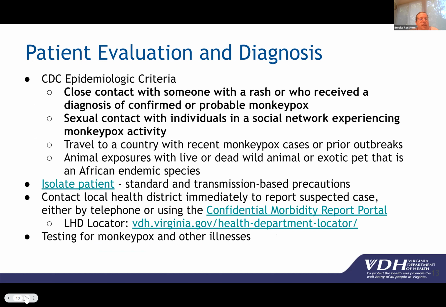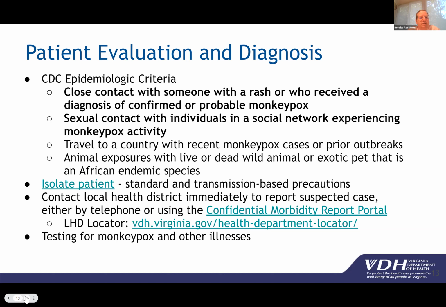Has this person had sexual contact with individuals in a social network where there is monkeypox activity going on, where one or more of the members has monkeypox? Has this person traveled to a country with recent monkeypox cases or outbreaks?